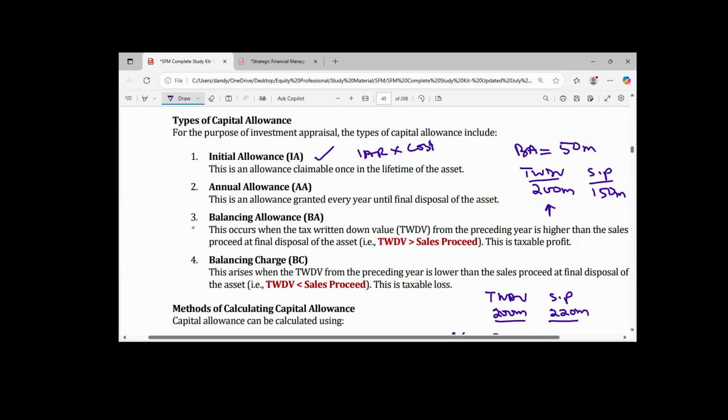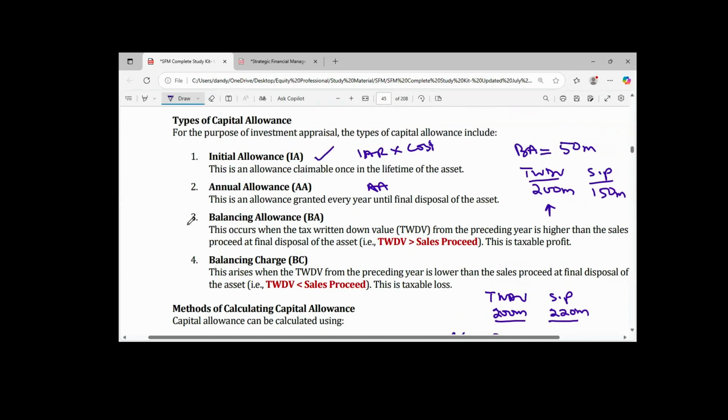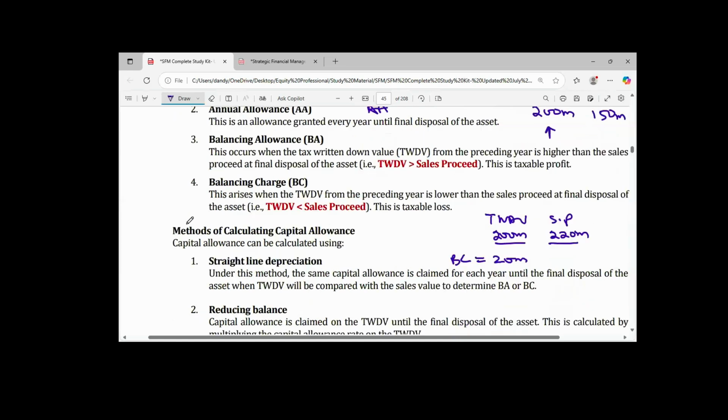So that will give you your initial allowance. Then annual allowance too. Multiply your annual allowance rate on the cost of the asset or on the tax written down value, depending on the method that you want to adopt. Okay, so that is the types of capital allowance.